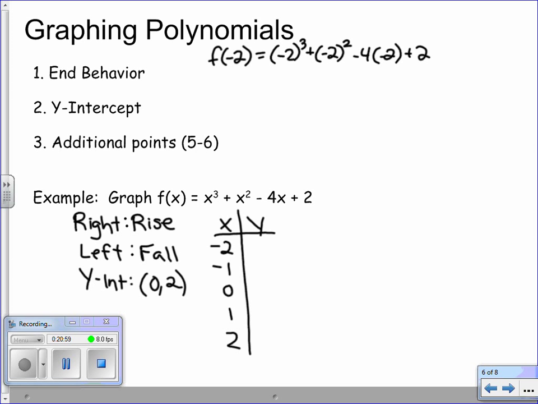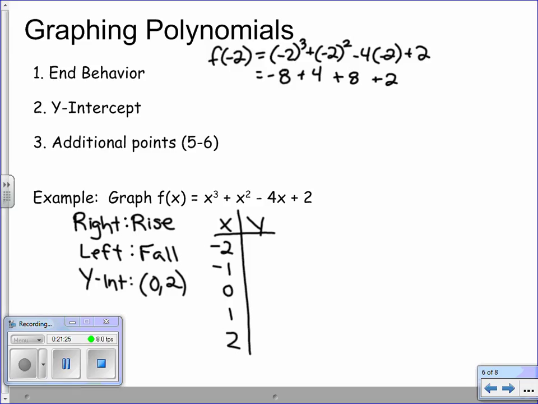Then I'm going to figure out what is -2 times itself 3 times. -8. What is -2 times itself 2 times? +4. What is -4 times -2? +8. And then +2.